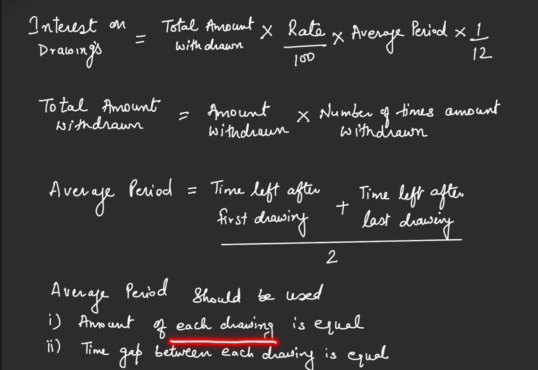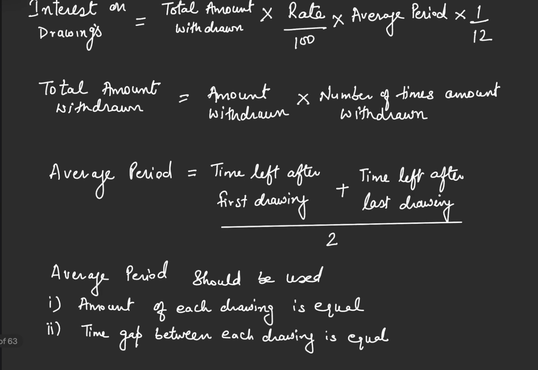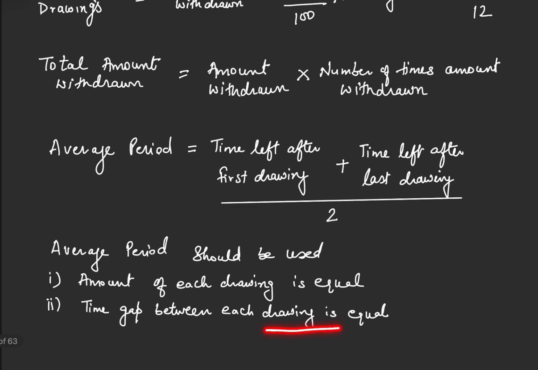So particularly the amount of drawing needs to be equal, and time gap between each drawing should also be equal. That is, if after every 1 month there is a gap of 1 month, or there is a gap of 2 months, or there are different gaps, but the gap needs to be equal also.